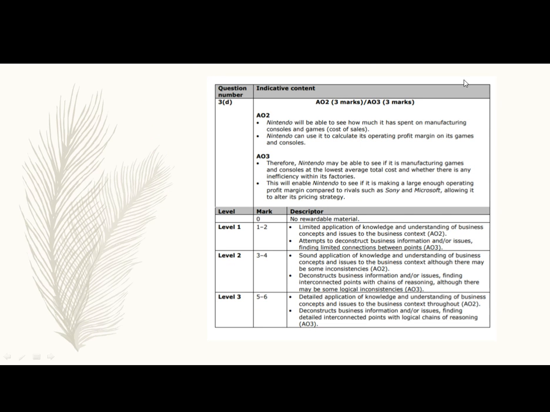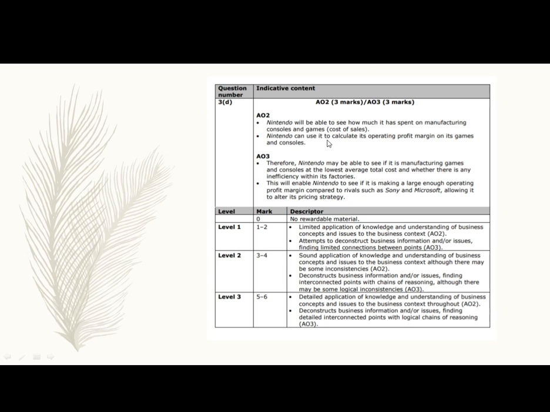Now, we can have a look at the mark scheme provided by examiners. So these are some ideas which can be used. Like, for example, you may say that Nintendo will be able to see how much it has spent on manufacturing consoles and games, which is cost of sales. Therefore, Nintendo may be able to see if it's manufacturing games and consoles at the lowest average total cost and whether there is any inefficiency within its factories.